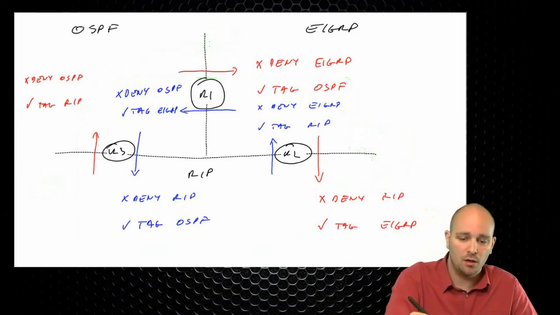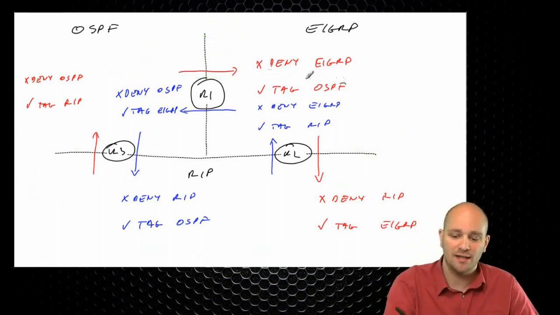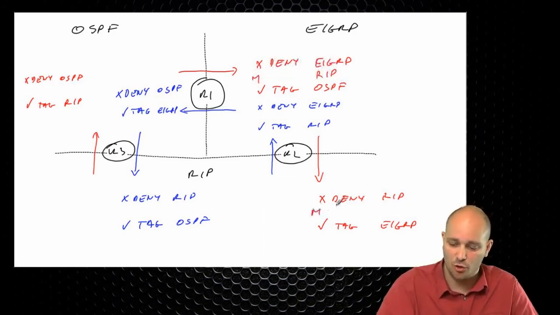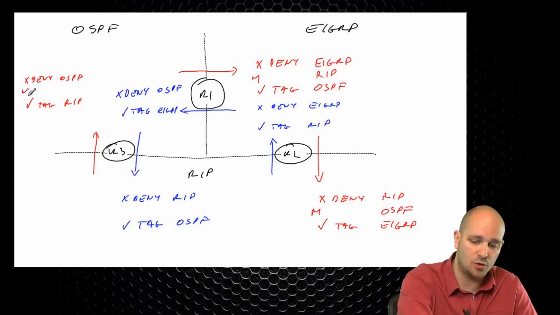Now that one additional entry in the logic is going to be sitting here in the middle. And this is going to be the match RIP in this case. In this case here, it is going to be match OSPF. In this case, it's going to be match EIGRP.